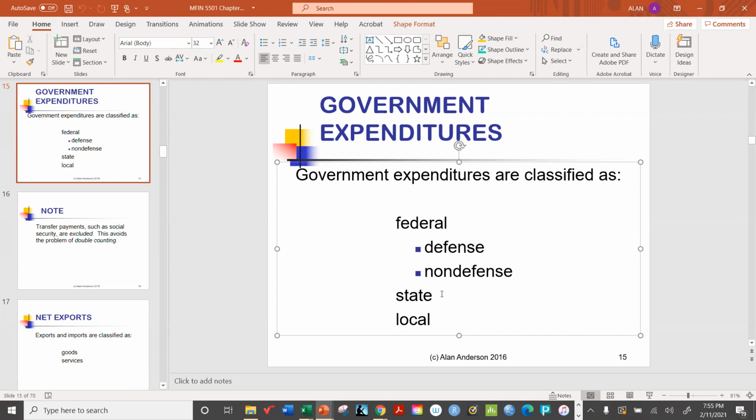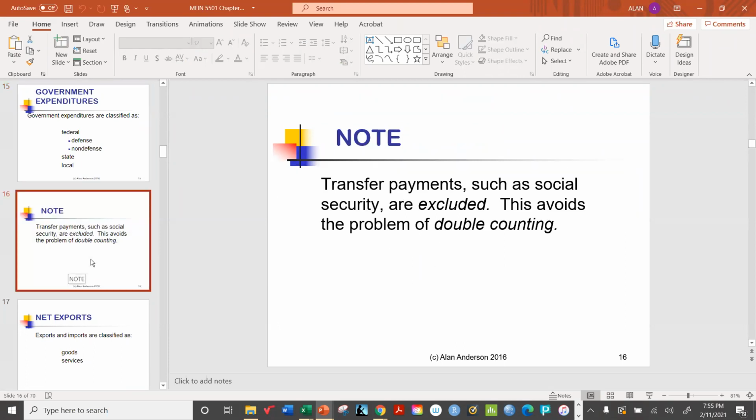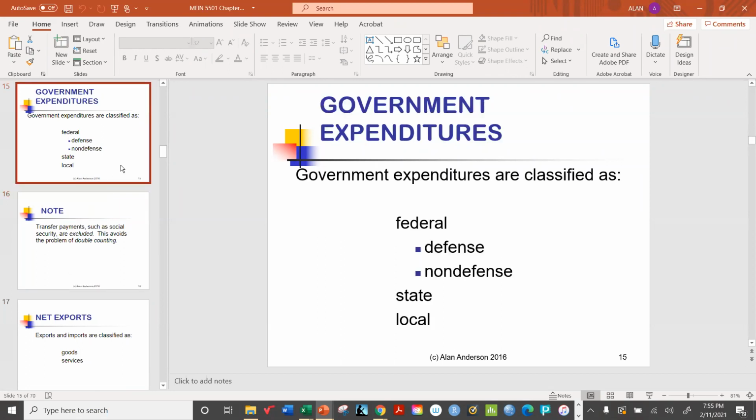We also have state and local spending, but here we want to only capture the purchase of actual goods and services, not what we call transfer payments. All right, actual goods and services. By the way, who knows what that means, a transfer payment?